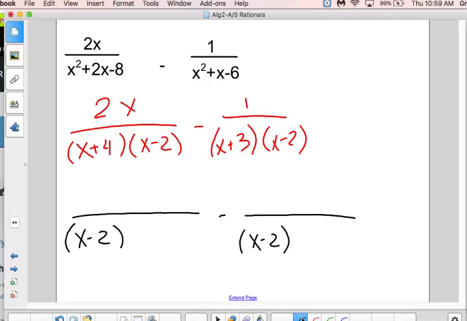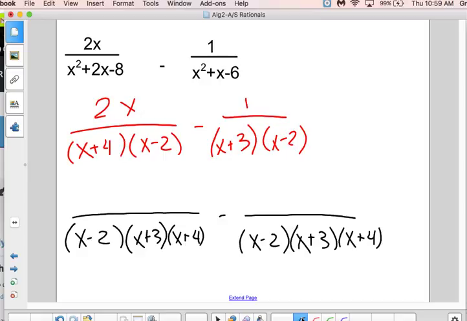What's another piece that's in the denominator? X plus 3. What's our last piece? X plus 4. So to get your common denominator, it's all of the pieces between them. You don't write repeats. I'm not going to write the x minus 2 twice, because that's just one of the pieces. It just happens to be in both.